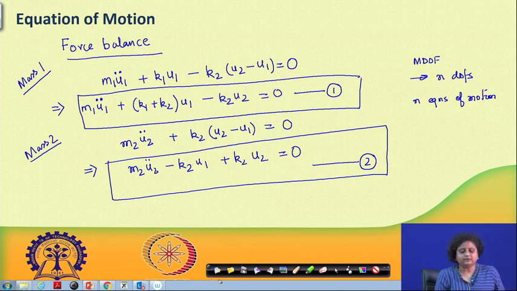Okay. So, now let us see. Once we get the equation of motion, similar to a single degree of freedom system, our next job is to solve it. In the previous case it was very easy because it was only one ordinary differential equation with one variable.